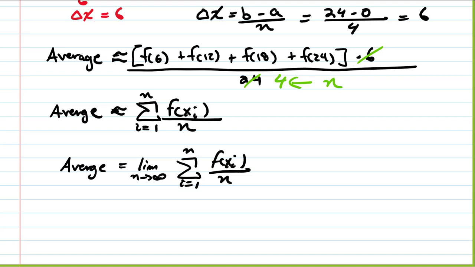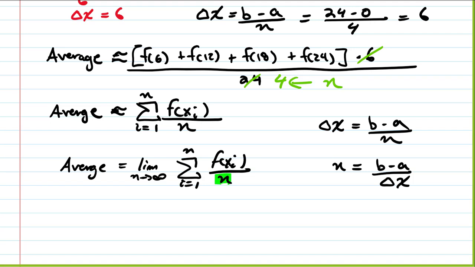So using our formula for delta x, we have delta x is equal to (b minus a) over n. Solving for n, we would get n is then equal to (b minus a) over delta x.